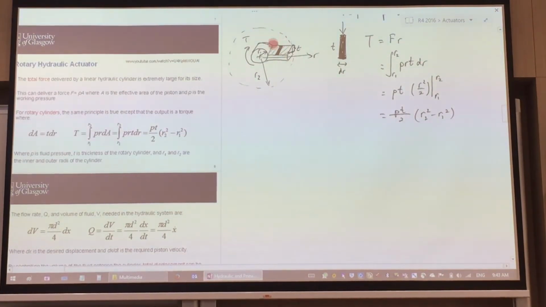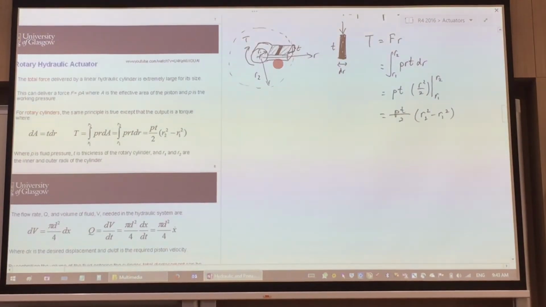This amount of volume will control the amount of displacement. The larger the volume that is pushed in, the more this vein will get pushed. That means the more displacement you get. So volume can be related to the position of your shaft.